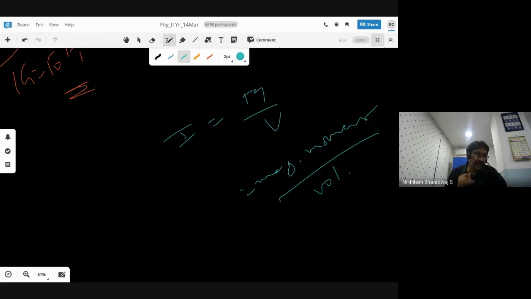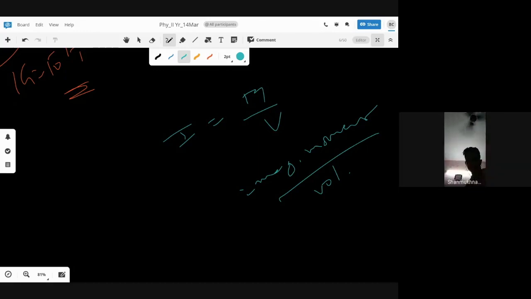Just now we discussed it in question number 26. What are the units of magnetic moment? Ampere meter square. Very good.